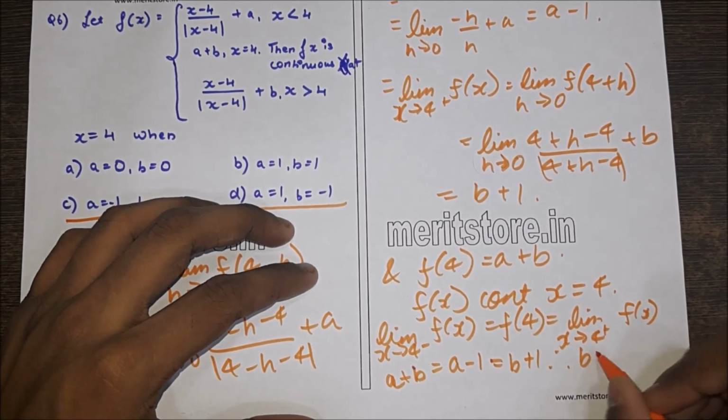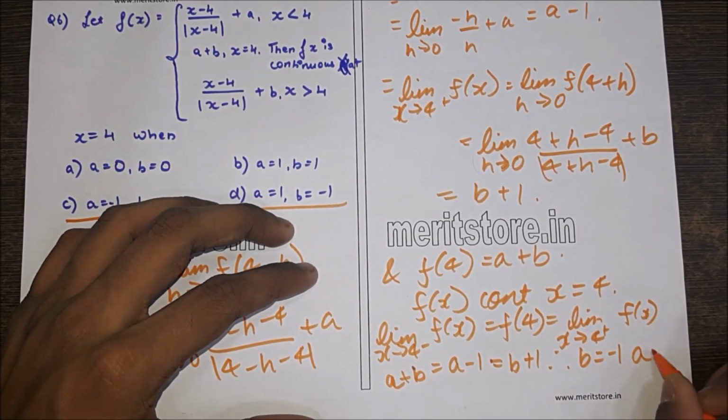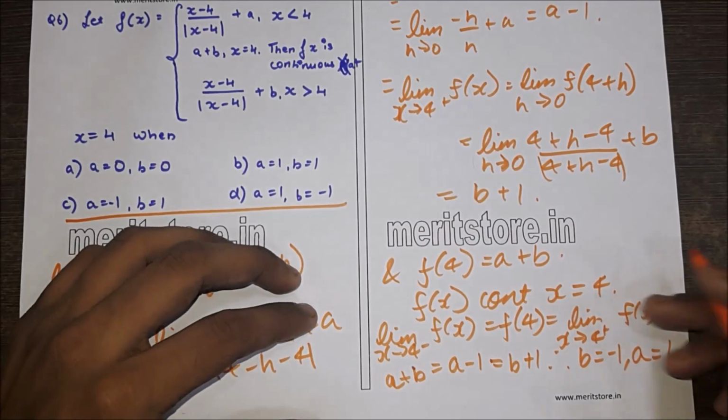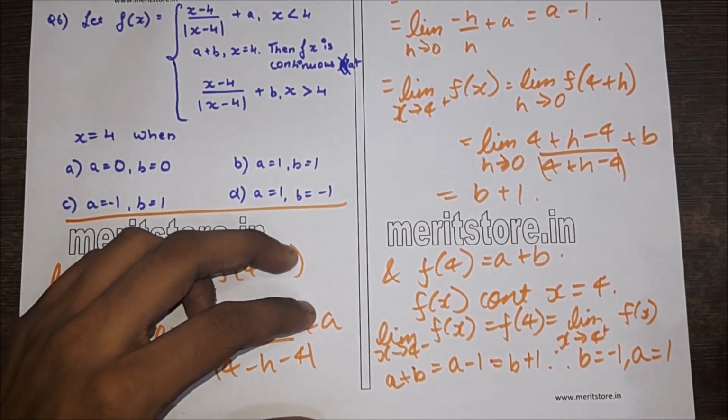Therefore we get b is equal to minus 1 and a is equal to 1, which is option D.